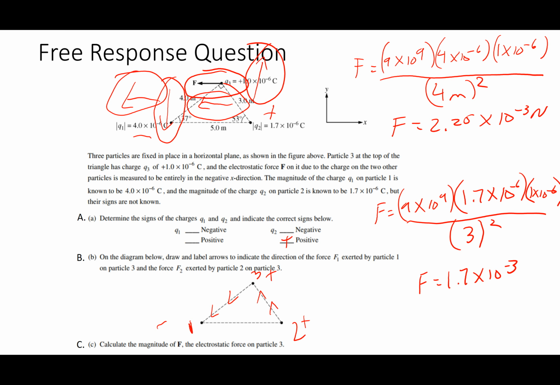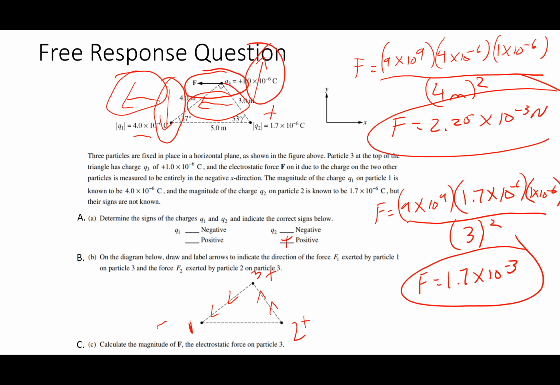All right, so what I need to do now is add these two forces together. The problem is they're acting in different directions. They're vectors. So to add them together, first of all, I'm going to break them into components. So this top one is a force acting between Q1 and Q3, and it's being pulled down.